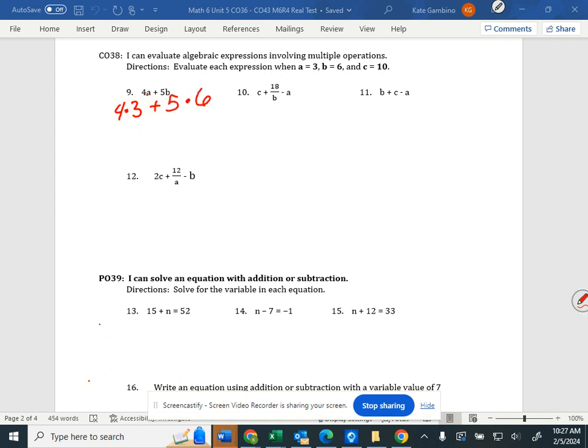When the number's right next to the variable, we know it's multiplying. Then order of operations, we do multiplying and dividing, then adding and subtracting. So I have 12, I have 30, I bring down that adding, 12 plus 30 is 42.